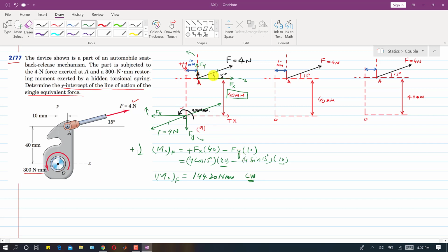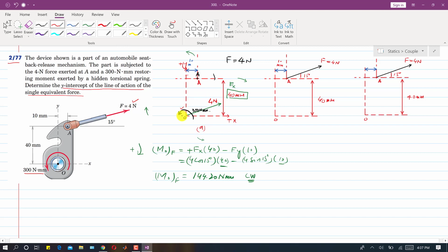So now when we replace this force by a force couple system, we will be left with this force and a moment in the clockwise direction, right? So let me replace that. If I remove this, we will remove the components as well, right? So we will be left with this force, and the magnitude of this force will be 4 Newton, right?